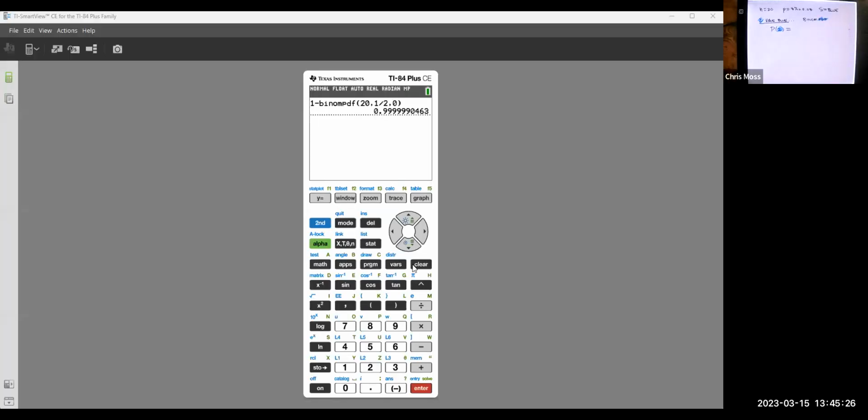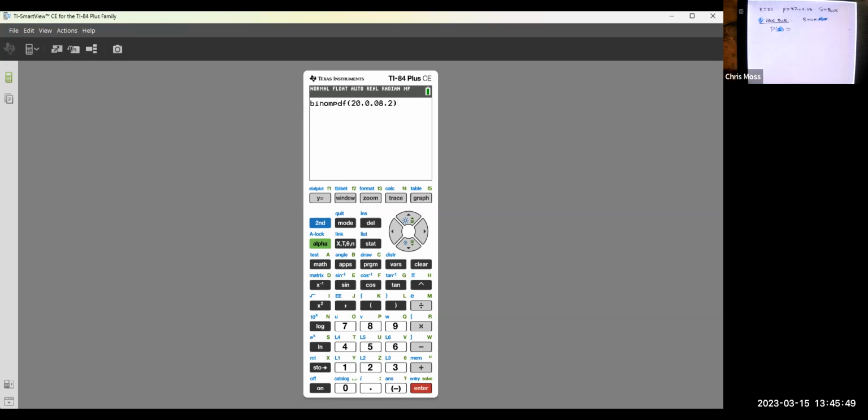So on my calculator, I'll pick up the binomial PDF tool. We have 20 trials again. P is 0.08. The X value in question is 2. I'll paste that in.